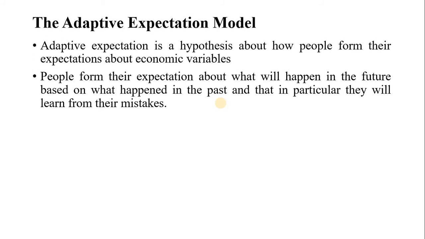This hypothesis tells about how people make their expectations about economic variables. We have lots of economic variables: GDP, money supply, inflation, interest rate. People are making some expectations about all these variables.